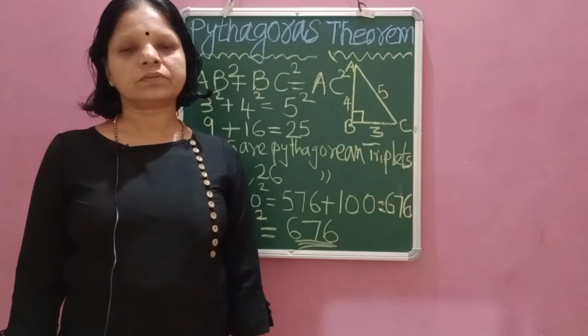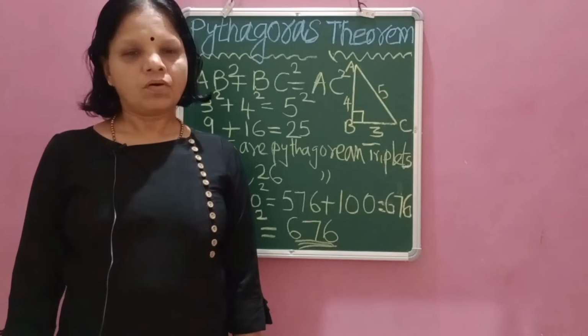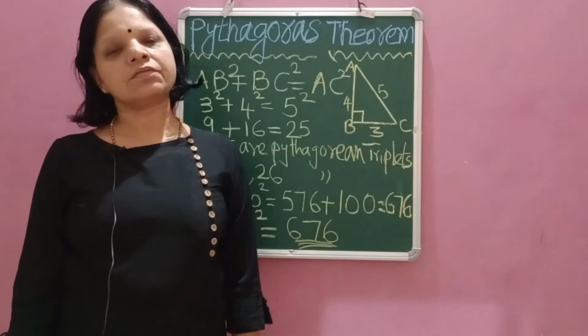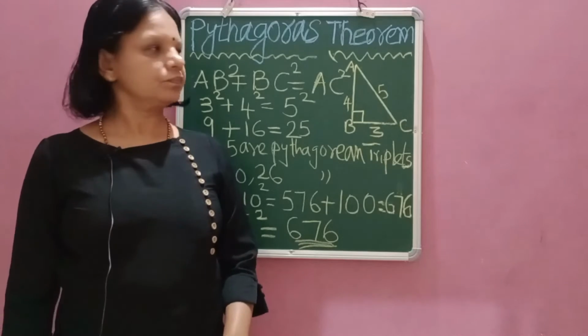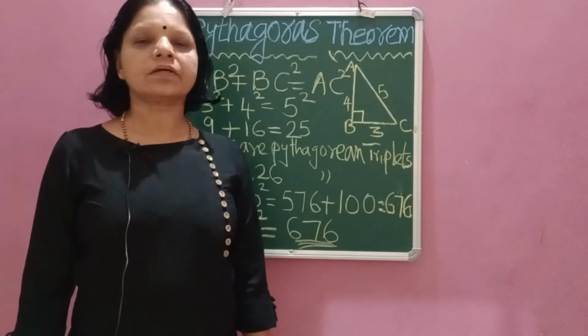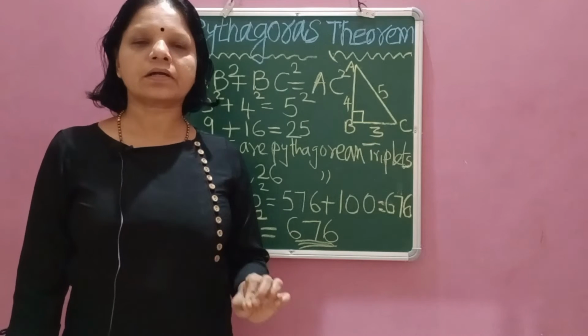And the other two sides are called perpendicular sides. Also, hypotenuse is the largest side of the right angled triangle. This Pythagoras theorem is applicable only for right angled triangle.